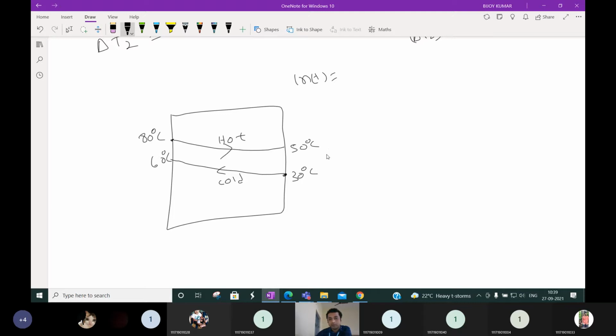So here delta T2 is 20 and delta T1 is 20. So if we calculate LMTD, it is 0 by 0 or undefined.